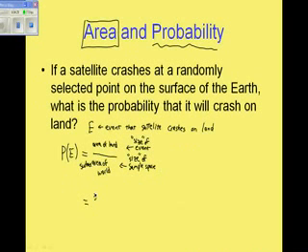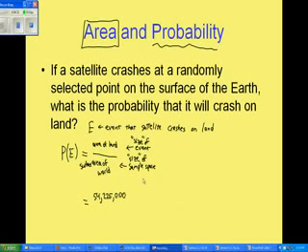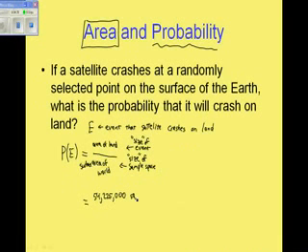So I got the area of land is 54,225,000 square miles, I think. Let me double check. Yep, square miles. And then I got 142,715,000 square miles for the total surface area of the Earth. And of course, it takes work and geometry to figure those things out, and so I'll just give those to you.